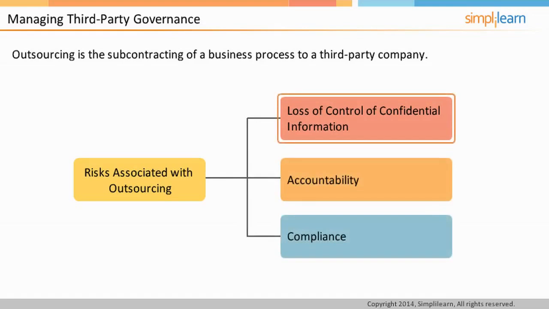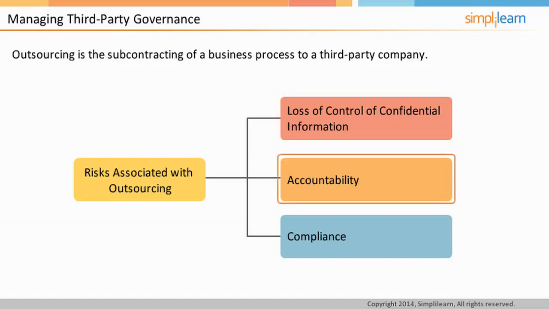Loss of control of confidential information: an organization will have to equip the outsourcer with the information required to perform its functions efficiently. Since this information is now out of the organization's direct control, protection of that information is now entirely dependent upon the outsourcer's actions.